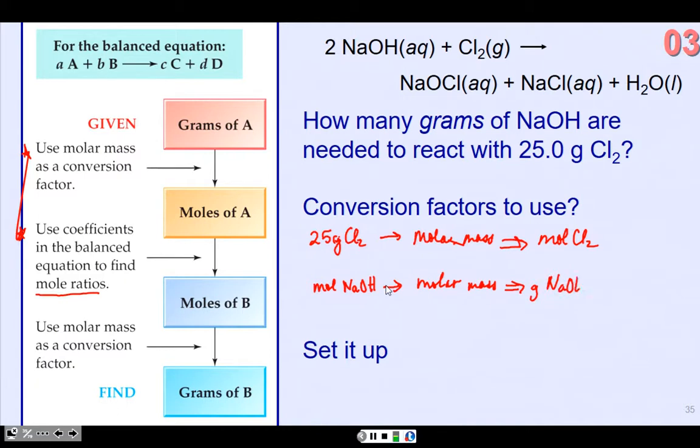So let me write the other one in between. From the moles of chlorine, using a mole ratio, you will get the moles of sodium hydroxide that would correspond. Okay, so we're going to use a mole ratio here and two molar masses to get to the destination in this question.